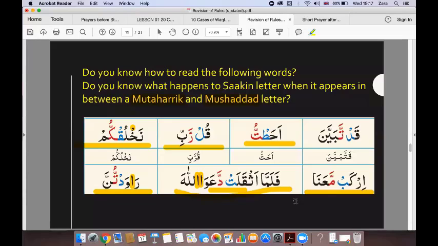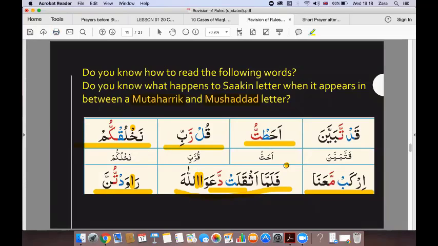So currently, let's have a look. It's still pretty much neck and neck at the moment with Atfal and Nasirat. So let's see who takes the lead.